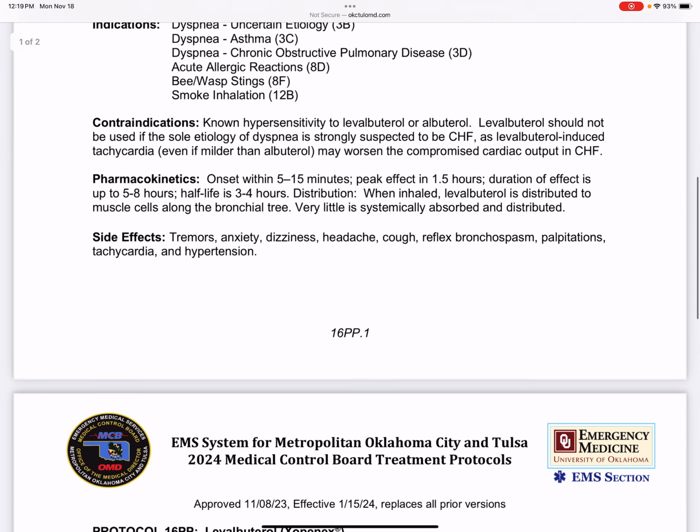Levalbuterol should not be used if the sole etiology of dyspnea is strongly suspected to be CHF, as levalbuterol-induced tachycardia may worsen the compromised cardiac output in congestive heart failure. So same thing as albuterol. We don't give albuterol or levalbuterol to CHF patients if that's what we're treating.